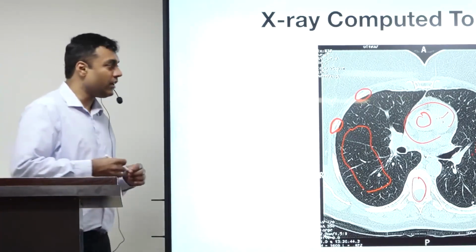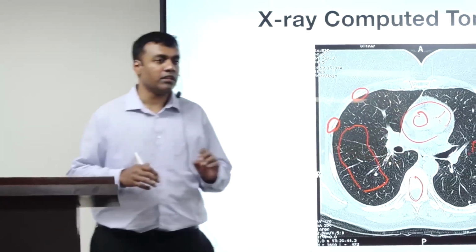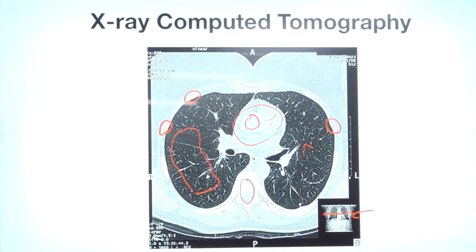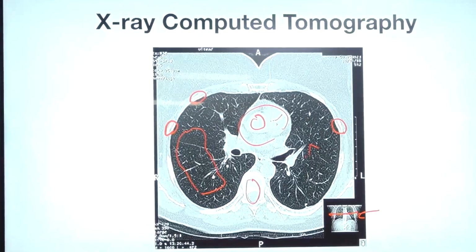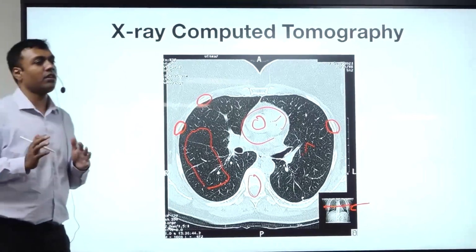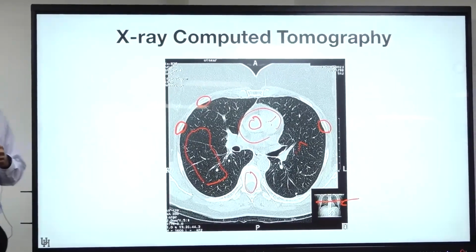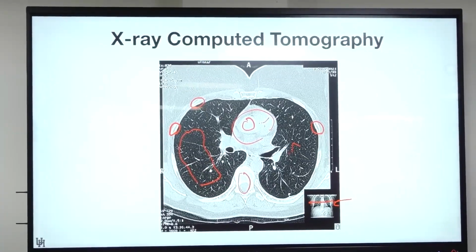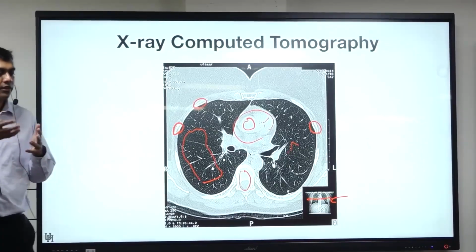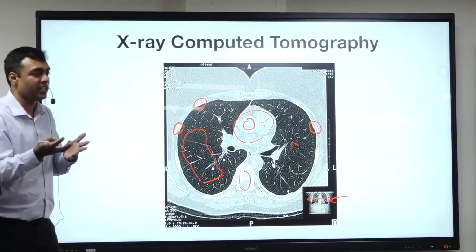The other thing is, if something in some organ does not have good contrast, you can't see it well because it doesn't absorb much. What do you do? Last time I talked about contrast agents, right? Basically you can inject some kind of chemical into the blood which absorbs well.